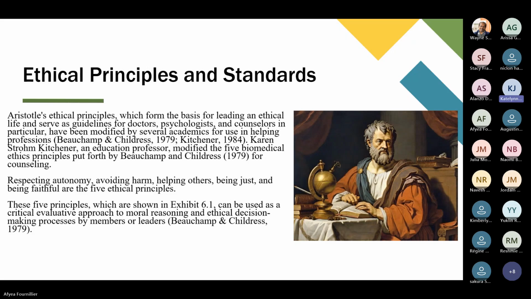These five principles, which are shown in exhibits, well, we can't see that here, sorry. They were used as a critical evaluative approach to moral reasoning and ethical decision making processes by members or leaders.